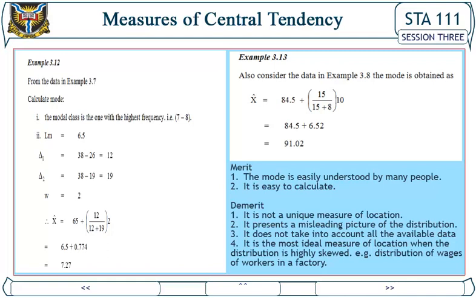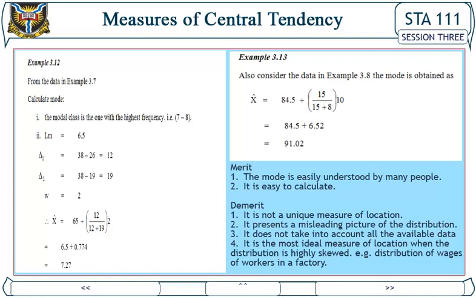W is equal to 2. Therefore, mode is equal to 6.5 plus [12 over (12 plus 19)] times 2 is equal to 7.27.